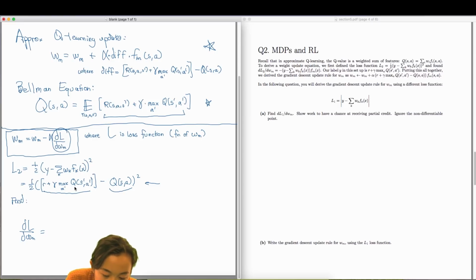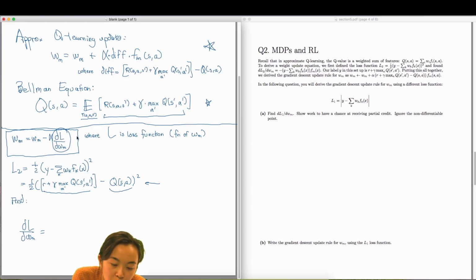Of course, as you see, this portion is not precisely equal to the right-hand side of this equation, but that's because this is essentially a sampled version of this expected value. It's basically a sample drawn from the distribution that the expected value is taken over. Okay, so that's the L2 loss that has been defined for approximate Q-learning.